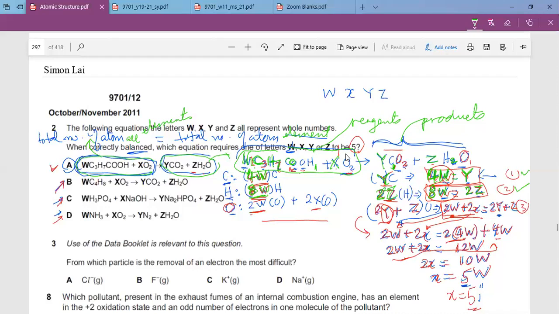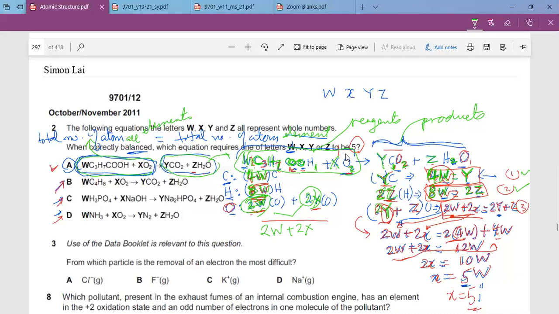Next one, oxygen. Here, for 1 mole, there are 2 oxygens. So W moles, 2 times W. For X, 1 mole has 2 atoms, X moles, 2X. So total 2W plus 2X on the reagent side. Now, how about the product side? One mole of carbon dioxide has 2, so Y moles, 2Y.